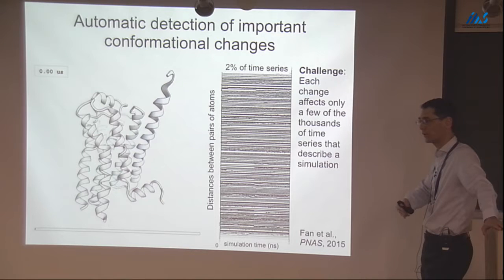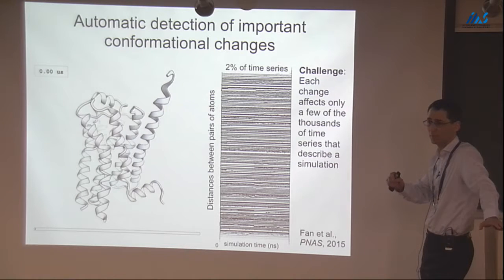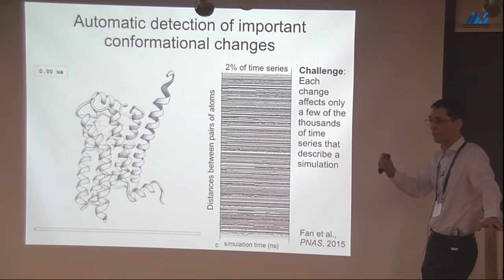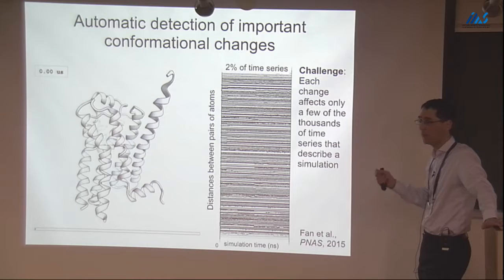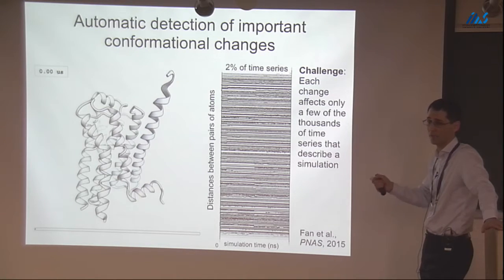There's a large statistics literature going back decades on change point detection, which is basically you're given a time series measuring something, and you want to find a point in time where the statistics of that time series change. Maybe the mean changes, maybe the variance changes, maybe something else changes. People have developed a lot of ways to do that. So you can imagine applying change point detection to this problem. What makes it hard is that you don't have one time series, you have many, many time series. And the changes often affect only a few of them.